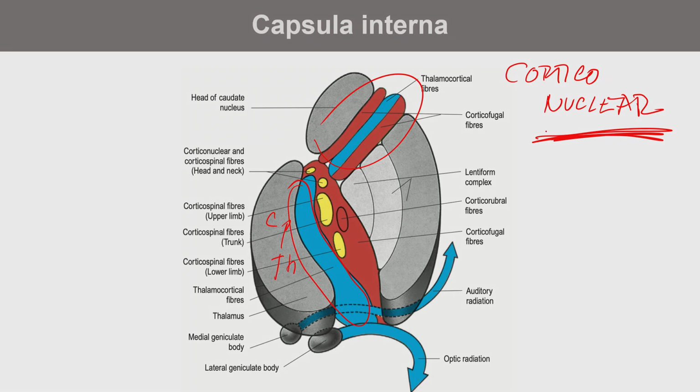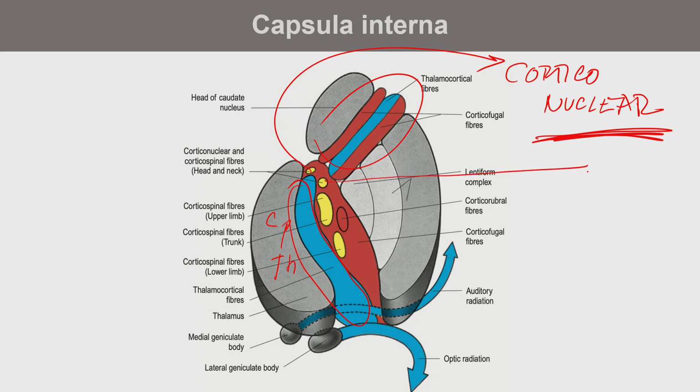Corticonuclear are those which are in a genu, here, this one, and corticonuclear tract is a tract to the motor nuclei in a brain stem, for chewing, for mimic, for eyeball moving, for moving with the larynx, pharynx, etc. So to produce my voice now.